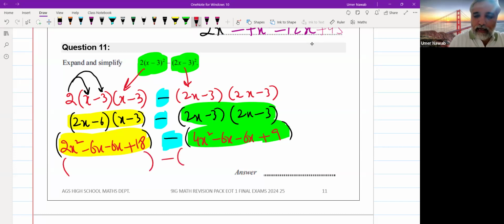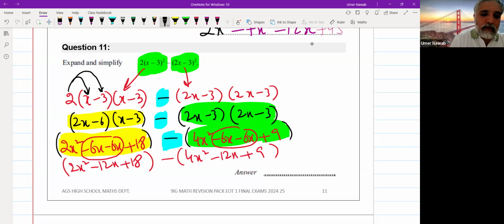Keep the brackets intact. Why? Because we need to simplify them. So 2x squared negative 12x plus 18, 4x squared negative 12x plus 9. Outside the bracket, you have a plus. Don't change the sign. Copy it as it is.